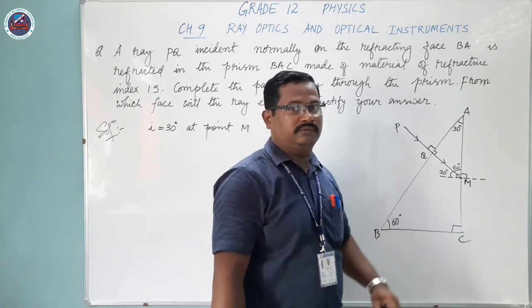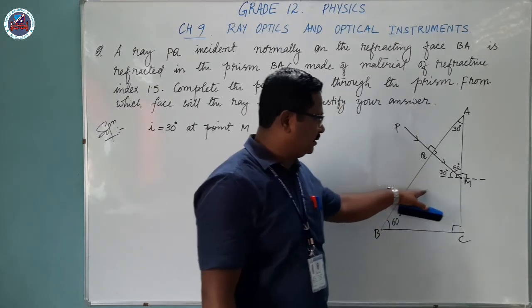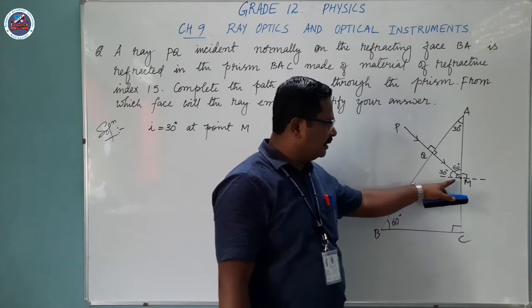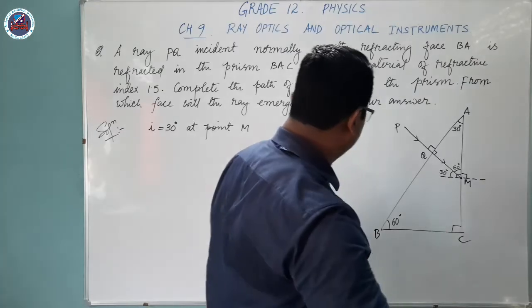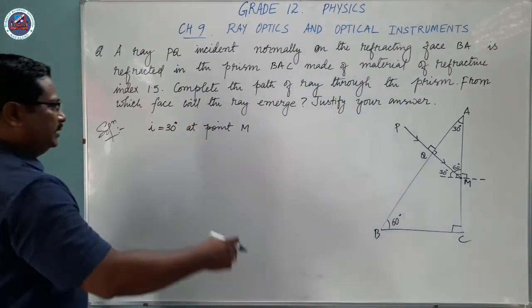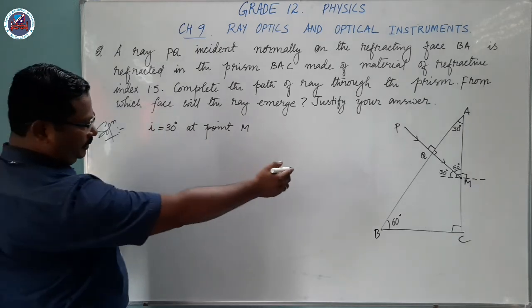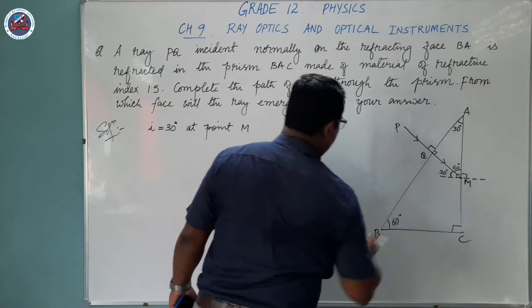That you will have to find out. If this angle of 30 degrees is greater than the critical angle, then it will reflect. But if this angle of incidence is less than the critical angle, then it will refract. Let us see which way it goes. So you will find out the critical angle here at this point.